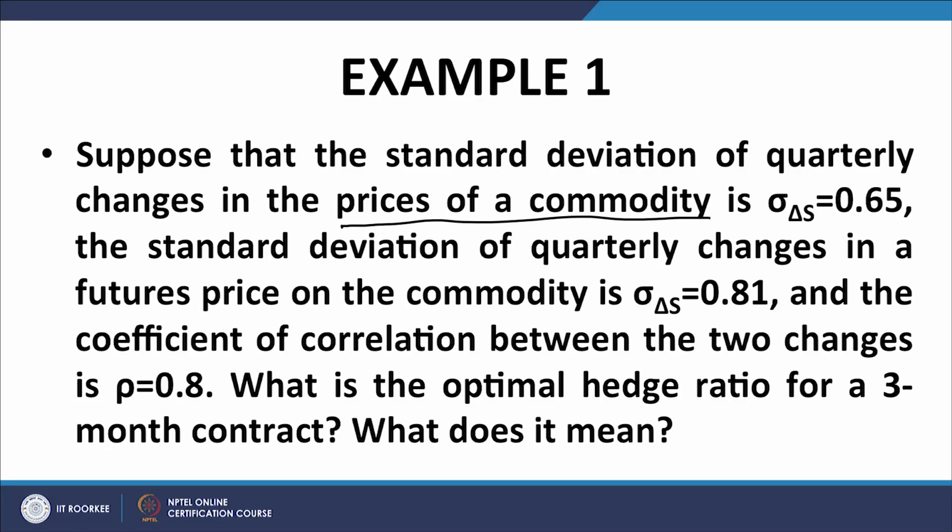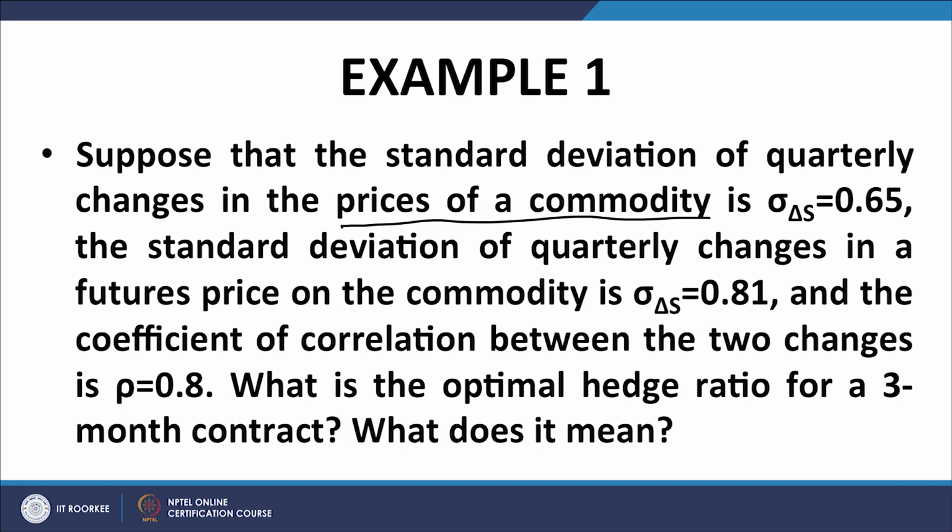Let us do an example and then we will proceed with the theory. Suppose, a very simple example to start with, very elementary. Suppose that the standard deviation of quarterly changes in prices of a commodity is 0.65. So, this is the standard deviation of spot prices, standard deviation of quarterly changes in the prices of the commodity itself, and the standard deviation of quarterly changes in a futures price on the commodity.